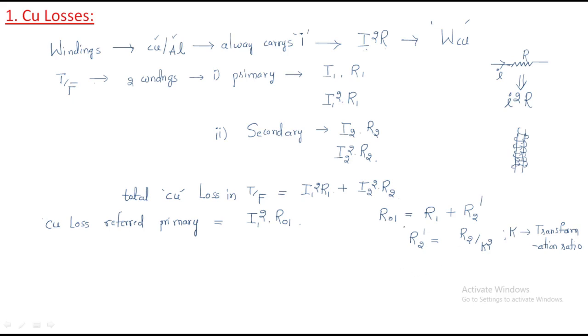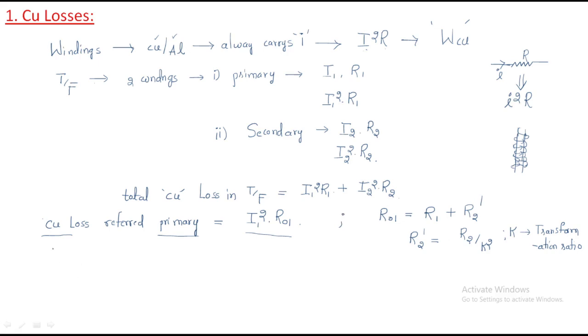This is the transformation ratio. Since this is regarding the primary, the copper loss is I1 square R01, where 01 means referred to primary. R01 is R1 plus R2 dash, and R2 dash equals R2 by K square.